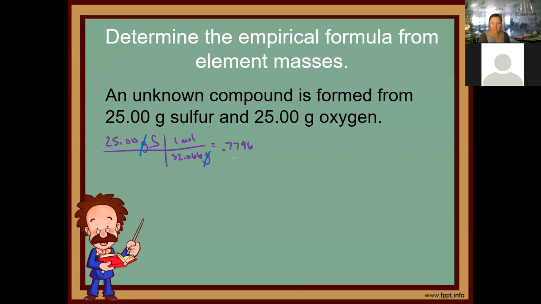We're going to leave it like that for now. You can keep as many decimal places as you want to because we're going to divide in a second anyhow. So that's our sulfur.